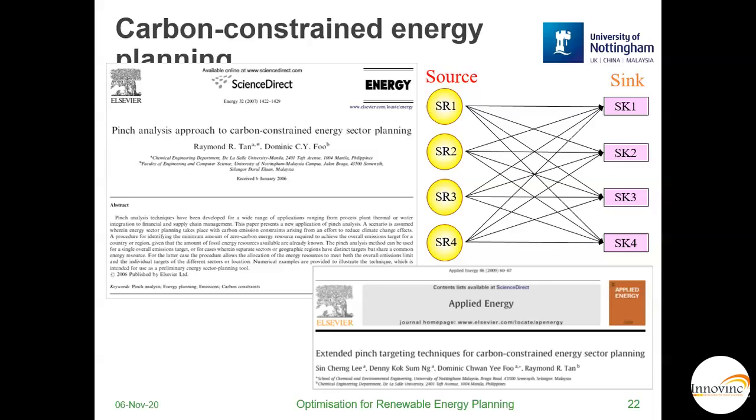These are the energy sources, which can include fossil fuel as well as renewables, trying to match them to the regions or countries that require energy, which we call sinks. We're trying to find the best combination of matching sources and sinks in order to minimize CO2 emissions.